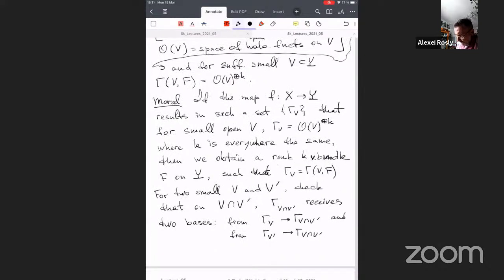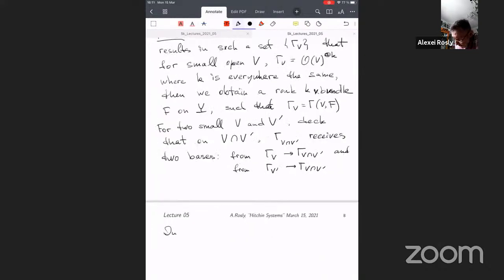So in such a situation we simply denote the resulting vector bundle F as the direct image, F lower star E, which is a vector bundle over Y.